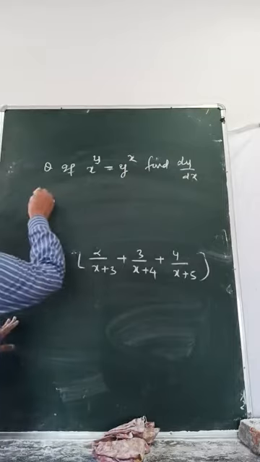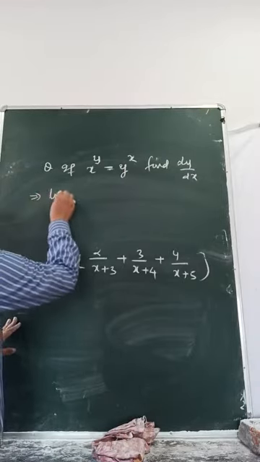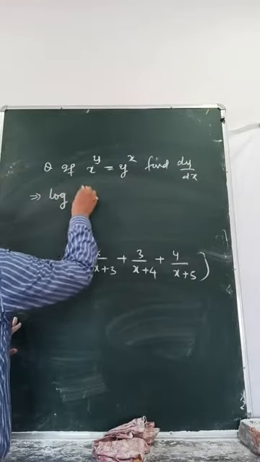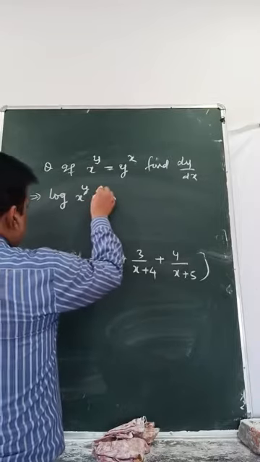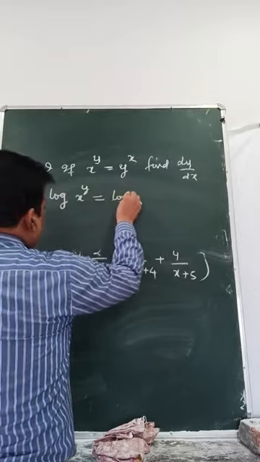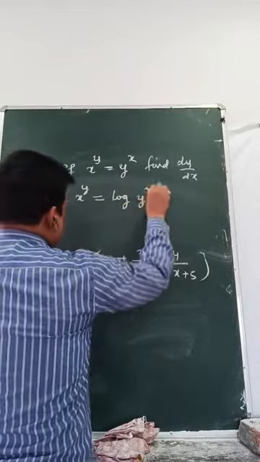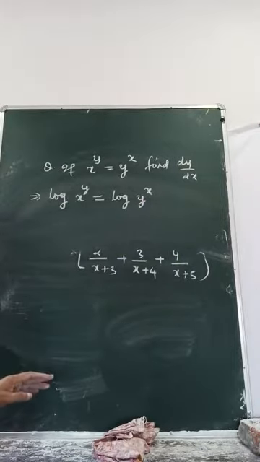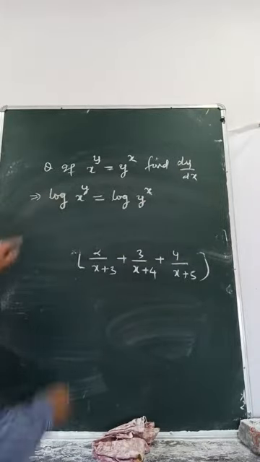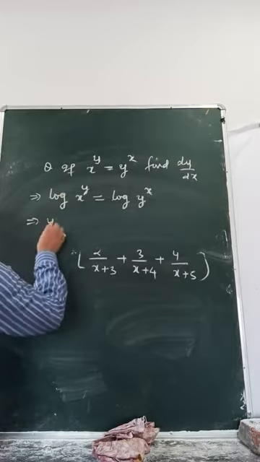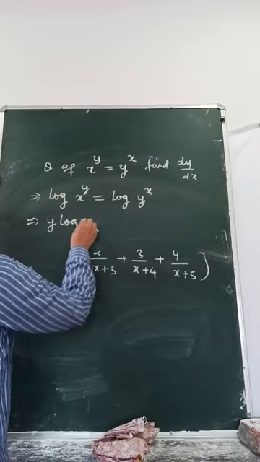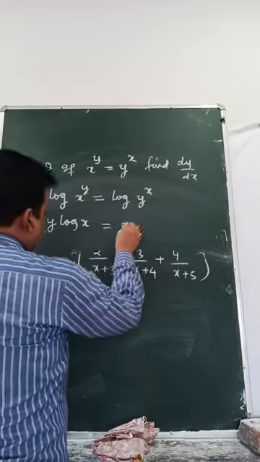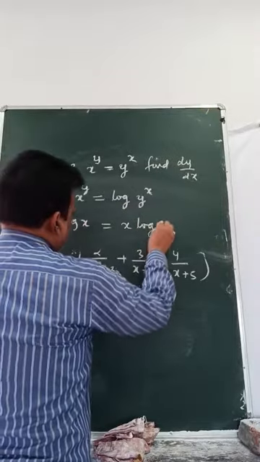Take the log of x to the power y equals log of y to the power x. Then this y will come this side: y log x equals x log y.